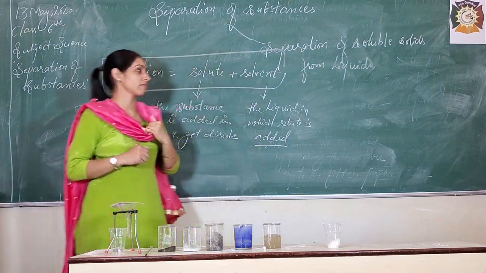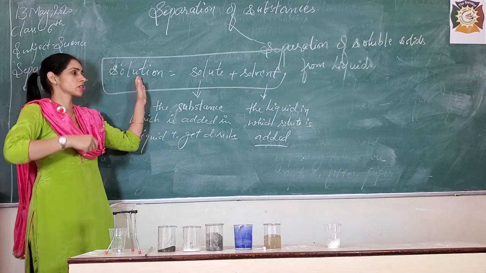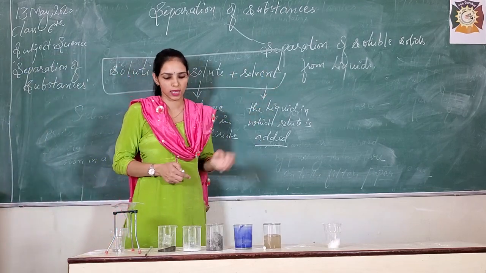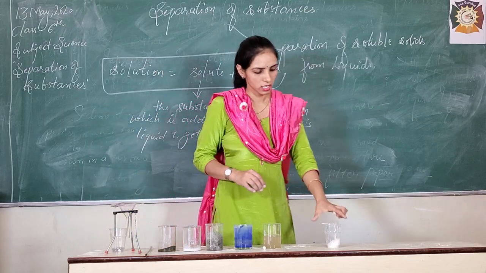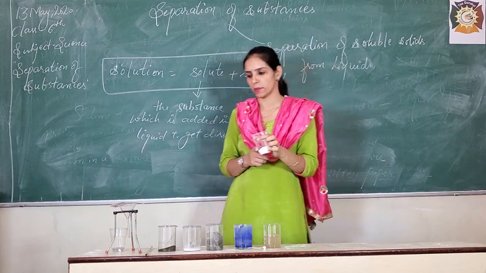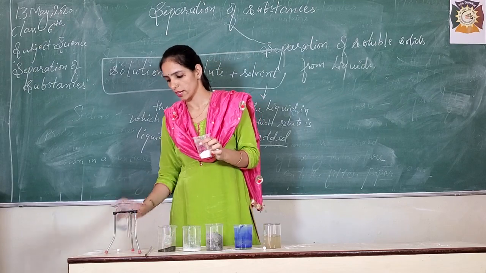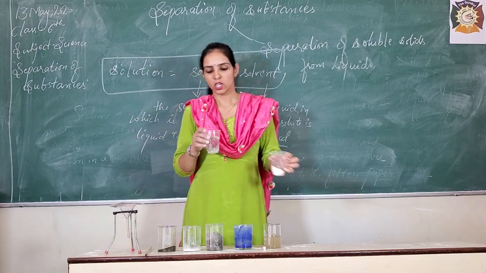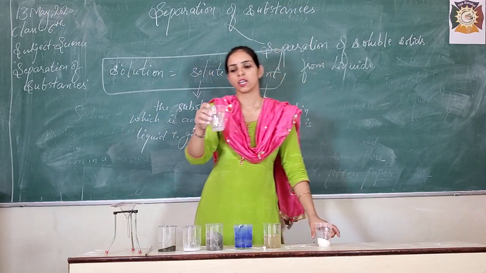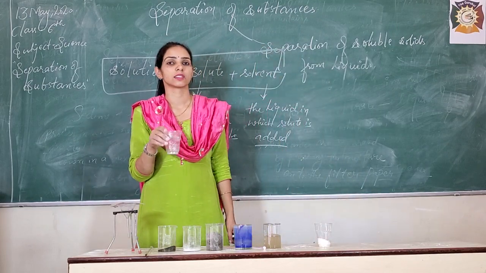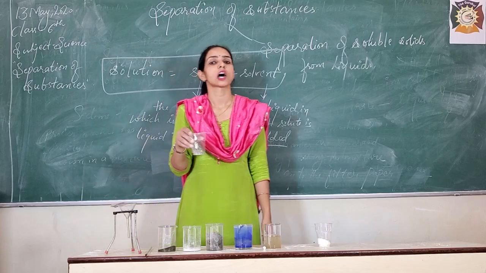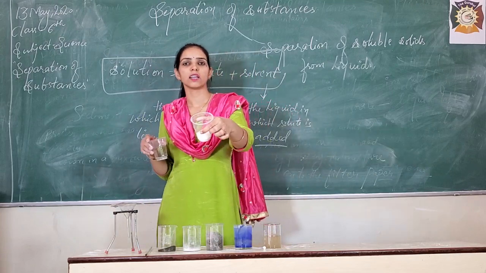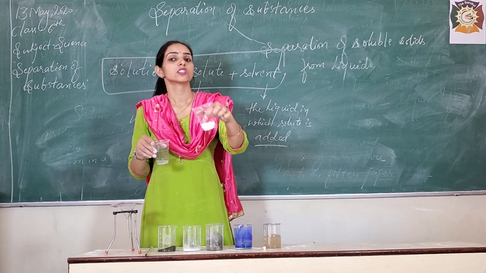Clear? So we have two parts of a solution, solute and solvent. For example, here I have sugar. If I mix some sugar and water, this mixture is known as a solution. Why? Because the sugar, which is solid, we call solute.